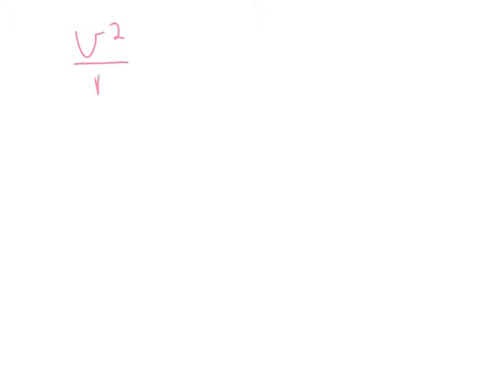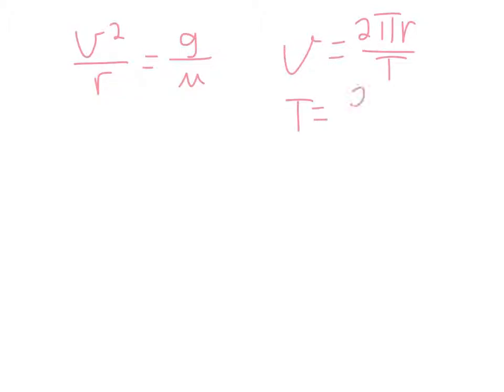V squared over r equals g over mu. We're looking for period, and if you recall, the only equation that has period in it is the equation for speed, v equals 2 pi r over t. So by finding speed, I'll be able to figure out the period by rearranging to t equals 2 pi r over v. So let's finish solving for speed.